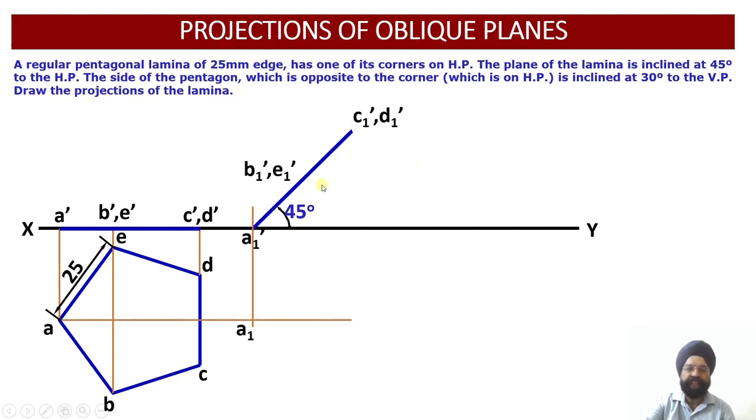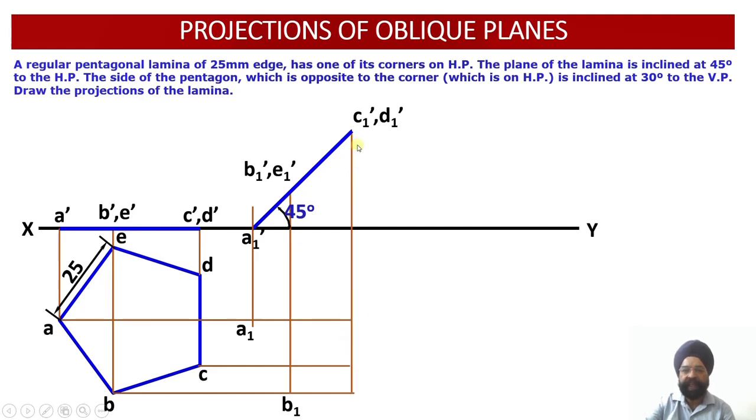Now having drawn these points, the horizontal and the vertical projectors will be drawn to work out the corresponding view. Just see, the vertical projector through A1 dash and the horizontal projector through A will give us the point A1 in the top view. Similarly, the vertical projectors from B1 dash and E1 dash and the horizontal projectors through B and E will give us the points B1 and E1.